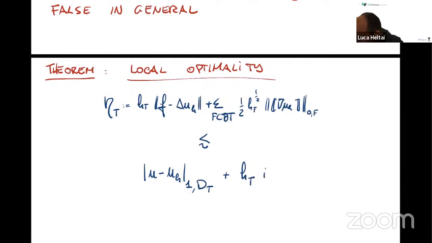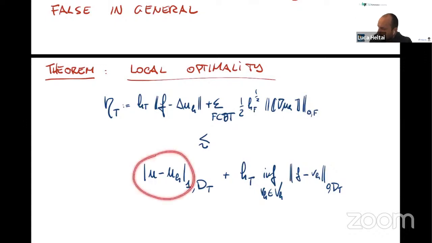And this oscillation term is the infimum over v_H in capital V_H of the norm of f minus v_H on D_T. Okay, so it's not exactly this on T, but it's almost like this on T.